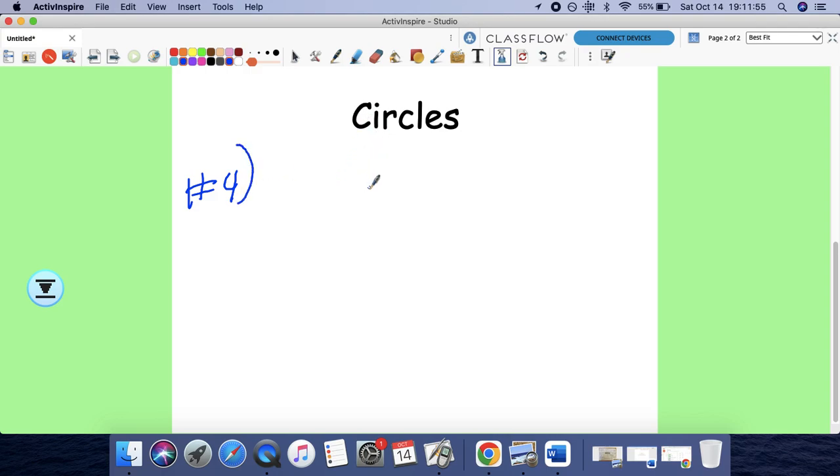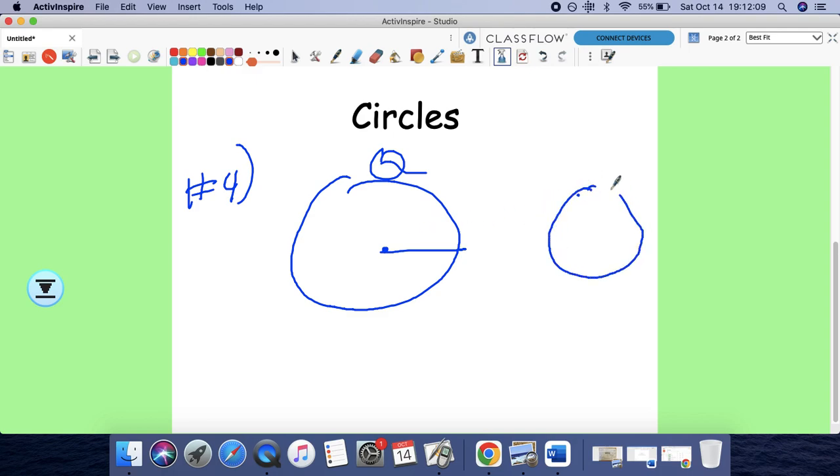Circle q, we have a radius, it's 4 times the diameter of circle r. So this is circle q and this is circle r. There's the diameter. You know what? Let's use some values.